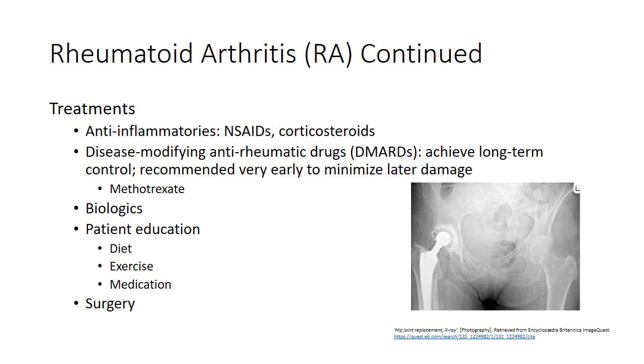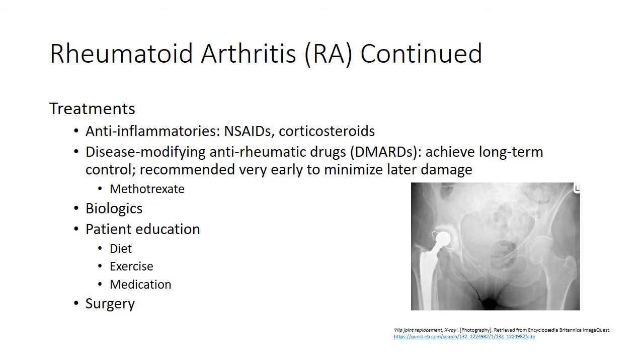There's also a need for patient education about the disease process, to assess for psychological adaptation, to talk about diet. Remember that weight gain puts more stress on joints. It's important to talk about exercise and range of motion, maybe even refer your patient to physical therapy, occupational therapy, and then know that surgery is available as well for joints that are just super damaged or painful.